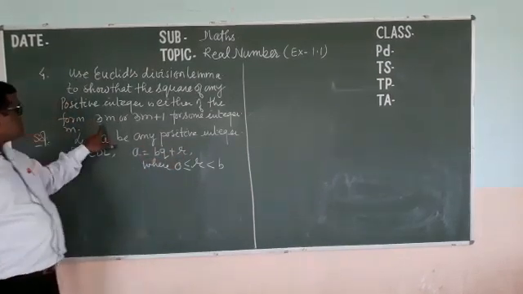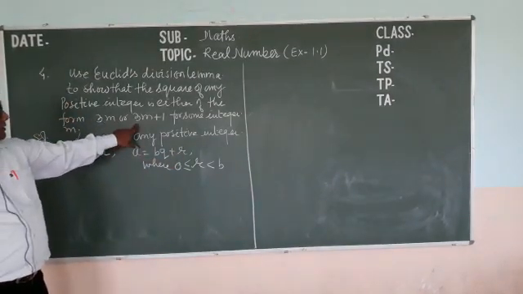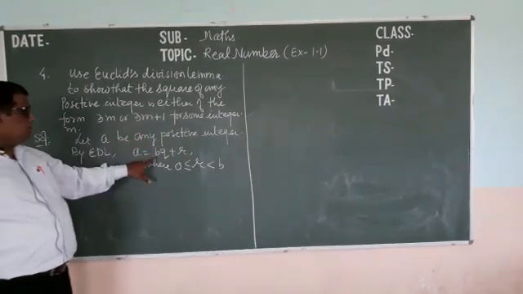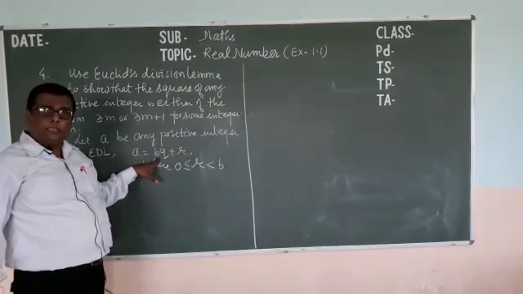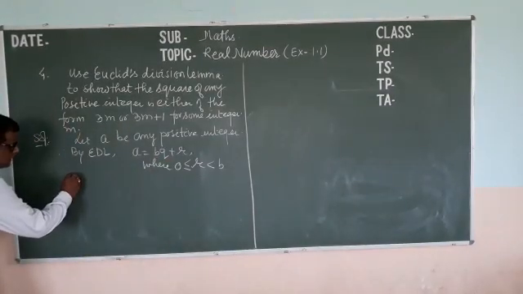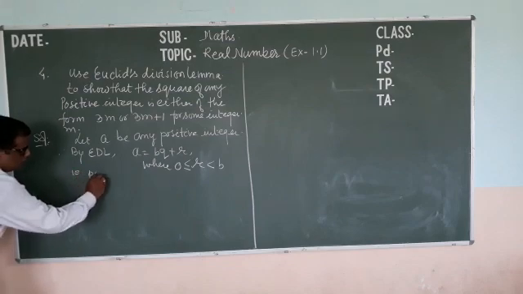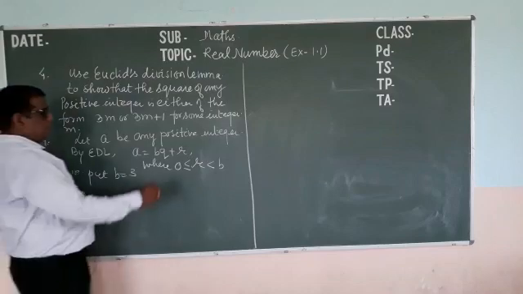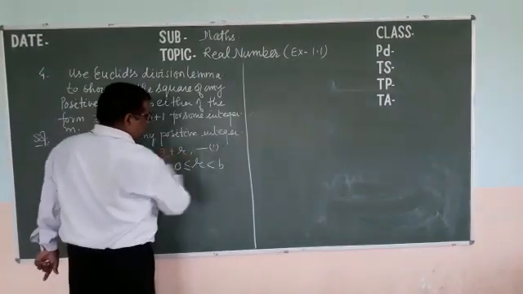Now look at this question in this form, 3m plus 1. What is the divisor of this? It is 3. It means we have to put b is equal to 3 in this equation 1.